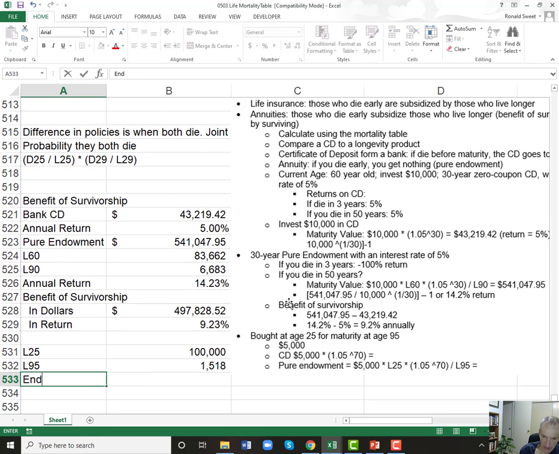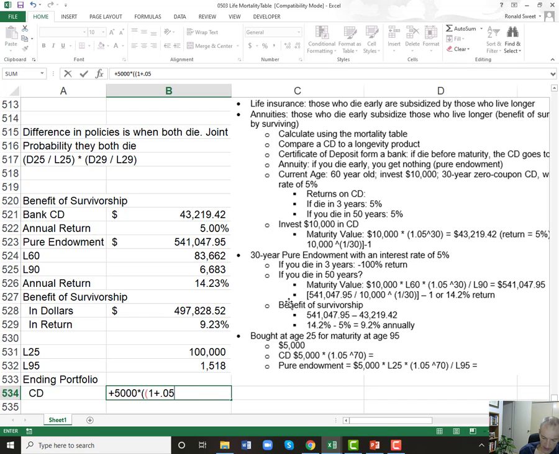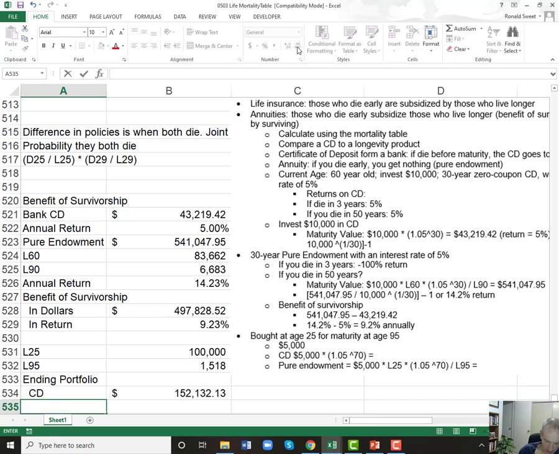And so your ending portfolio, if it's a CD, you just make $5,000 times 1 plus 0.05 raised to the power, and here it's 70 years. So the CD would be worth a whopping $150,000. That's great. But what about the endowment?